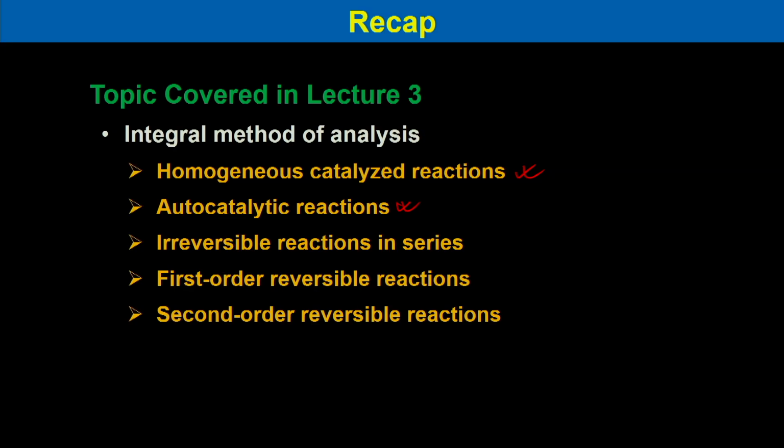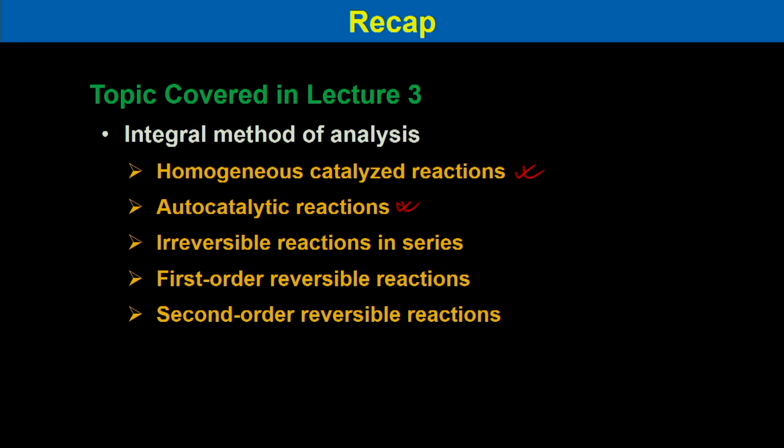In autocatalytic reactions, one of the products is reacting with the reactants to produce products. So, this is called autocatalytic reactions, and to start the autocatalytic reactions, some of the product must be present at the beginning to start the reaction.